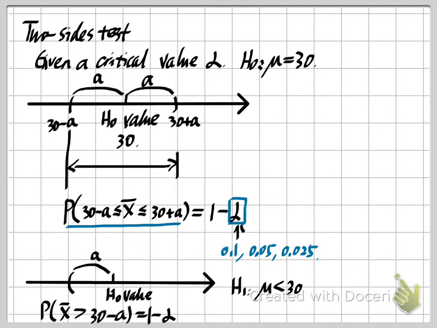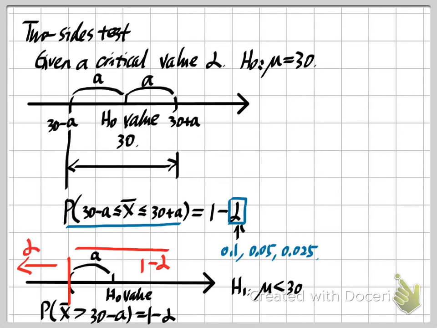In other words, if we say this is our left endpoint, then the probability on the right is 1 minus alpha, and the probability to the left is alpha.